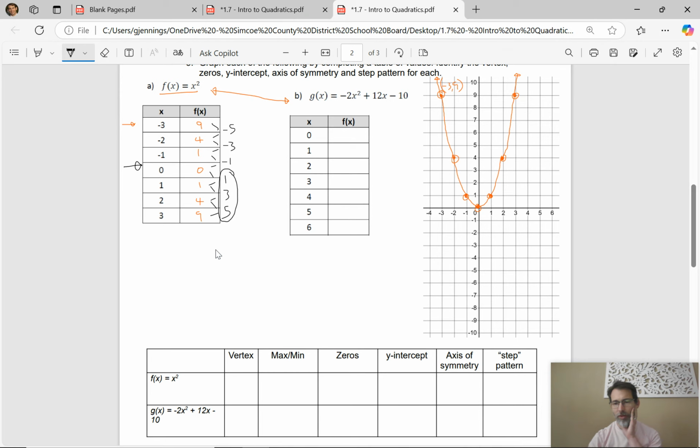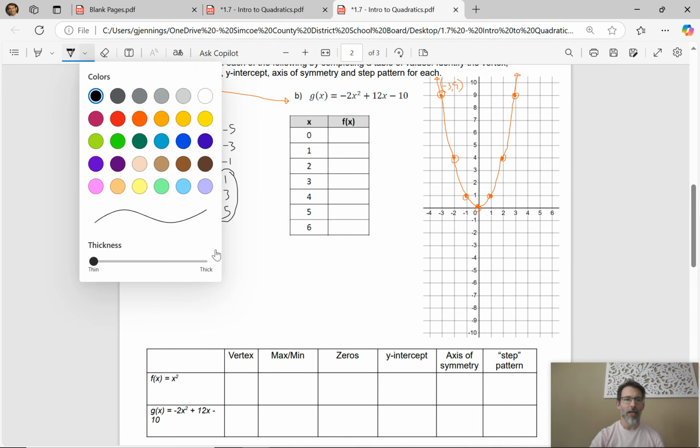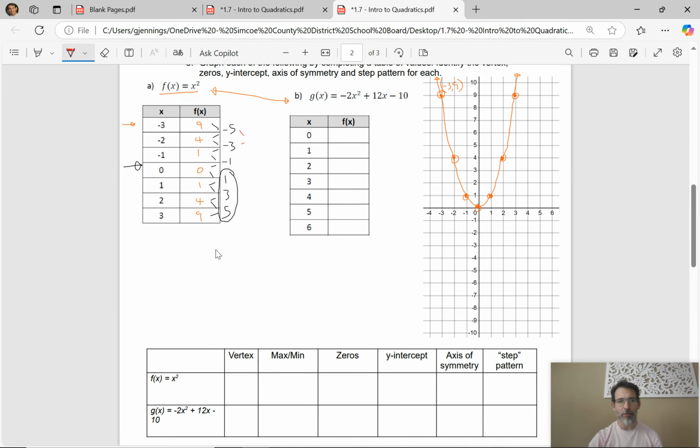Okay, and here we have 1, 3, 5. If we analyzed the second differences, we'd see that got bigger by 2, that got bigger by 2, that got bigger by 2, that got bigger by 2, and that got bigger by 2. So we are quadratic, of course, because we can look at that and see it's quadratic. And we can look at this shape and see it's quadratic.